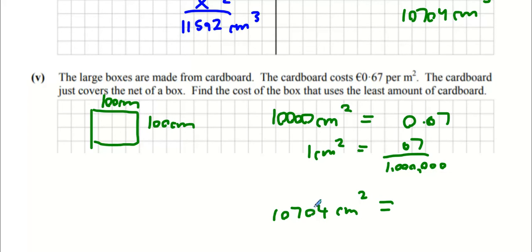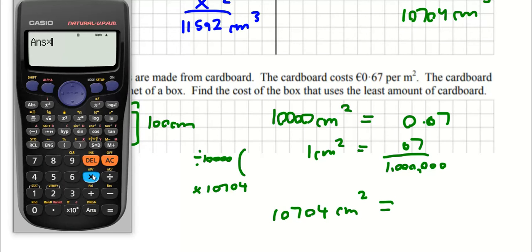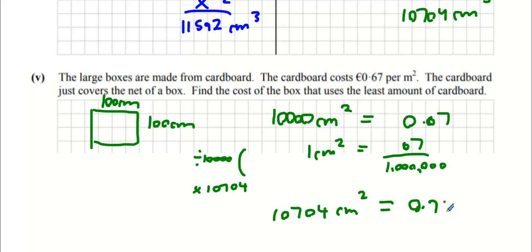Now we're going to multiply that. So we divide by 10,000 and then we multiply by 10,704. So multiply your answer by 10,704 and we get 0.717. So it's 0.72, 72 cent for the box.